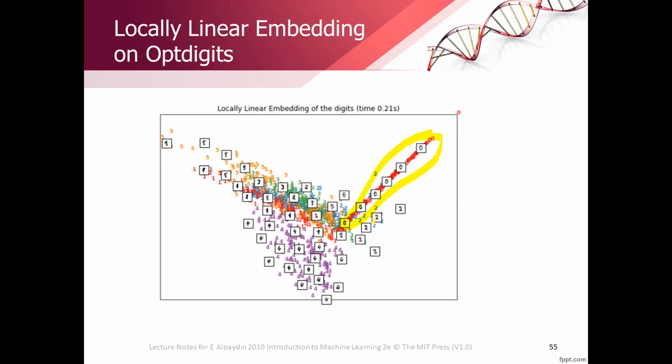You just look at how they were mapped. On this data set, this was not the best choice.